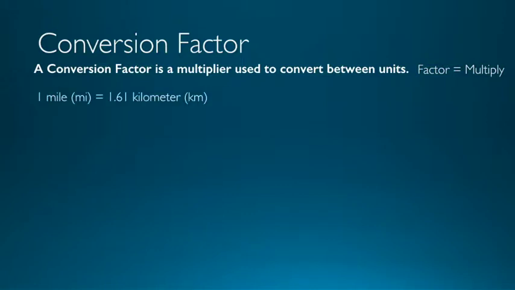Let's look at converting between a mile and a kilometer. 1 mile equals 1.61 kilometers. As a ratio, I could write this one of two ways. I could say 1 to 1.61 if I'm going from miles to kilometers, or I could say 1.61 to 1 if I'm going from kilometers to miles.